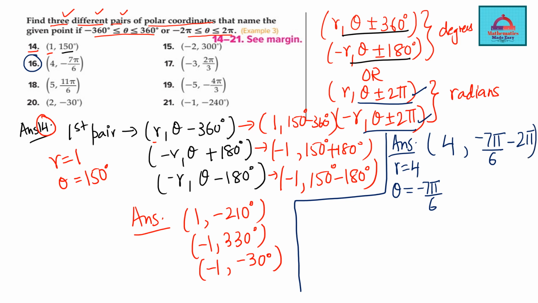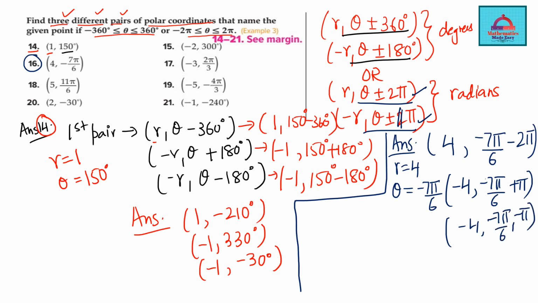That's 1 point. Next is minus 4 comma minus 7 pi by 6. Oh, there's a mistake here. It has to be pi. So one will be with plus pi, one will be with minus pi.